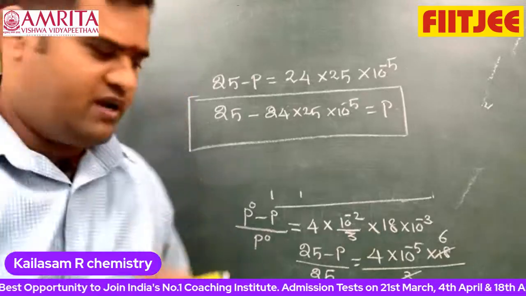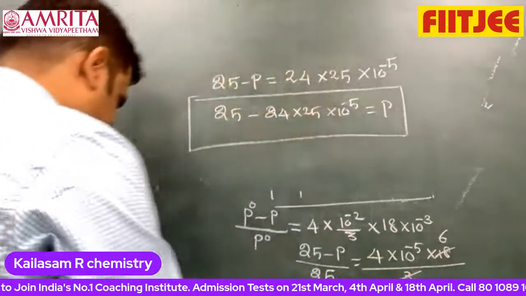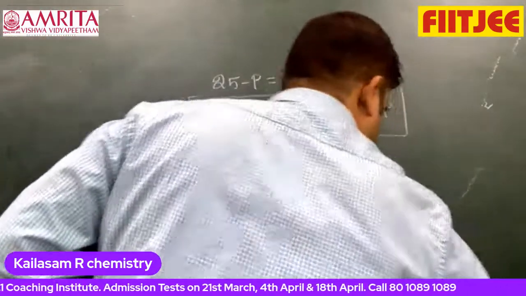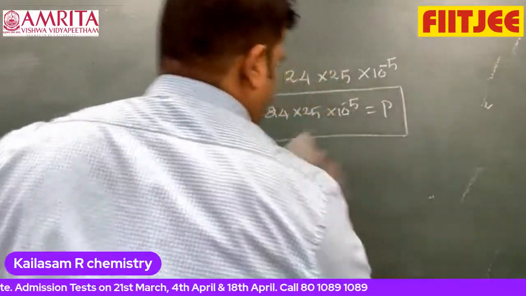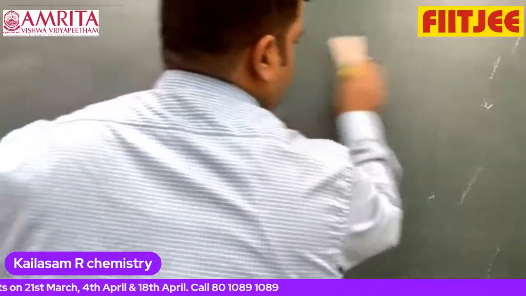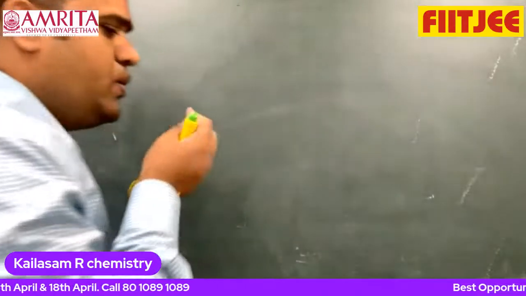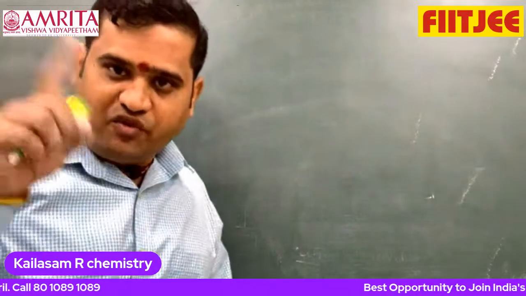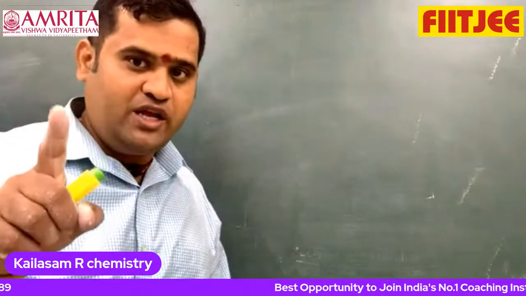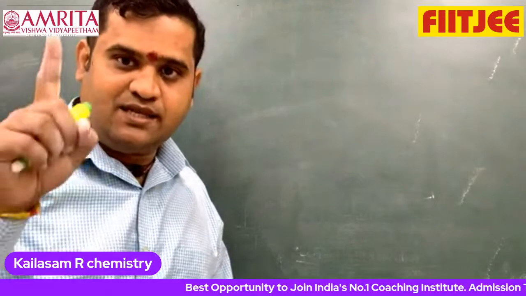This is how you have to prepare. Next question. Now, the question is: which of the following solutions have the highest osmotic pressure? Very important. Which of the following solutions have the highest osmotic pressure?